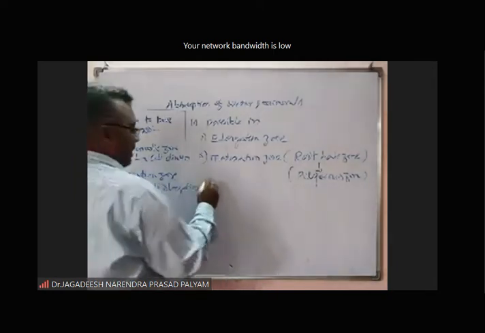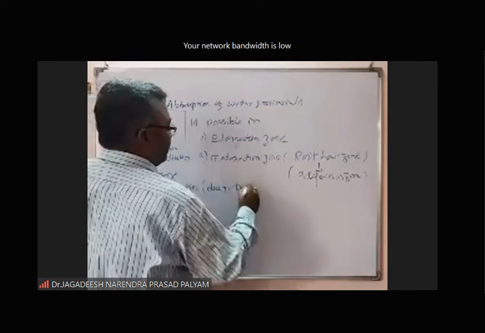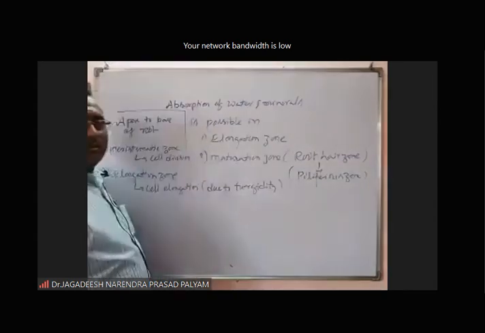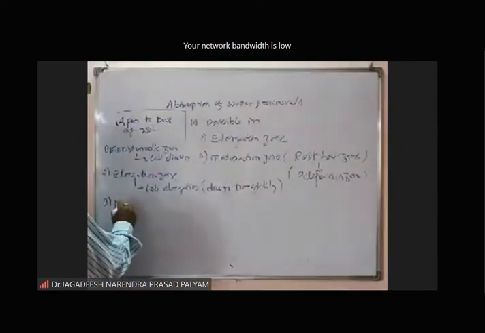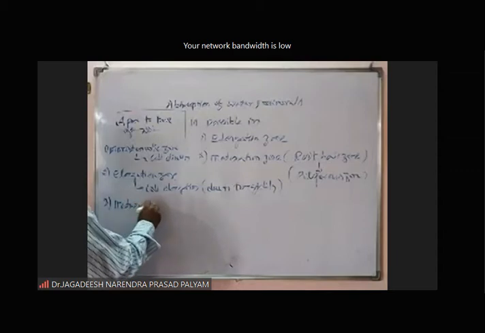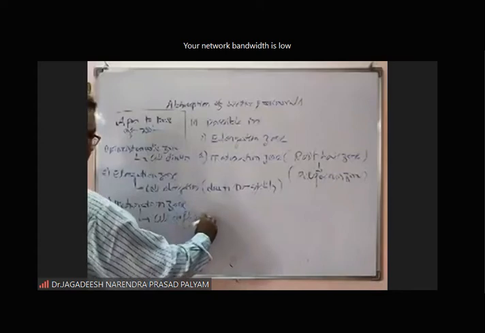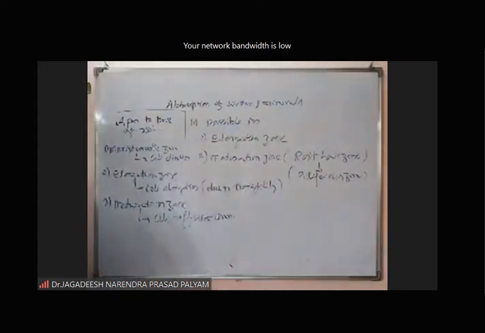How? Due to turgidity. Turgidity means excessive entry of water. Next, maturation zone. Cell differentiation takes place.